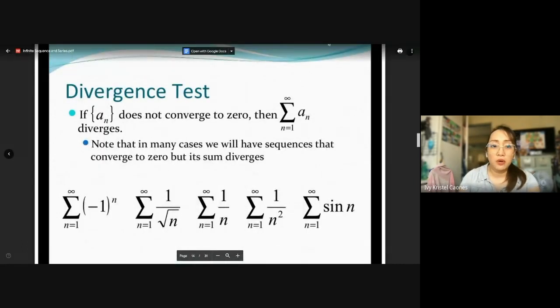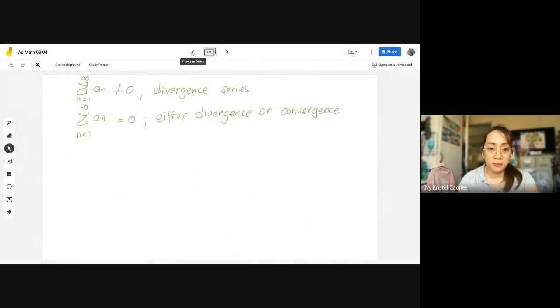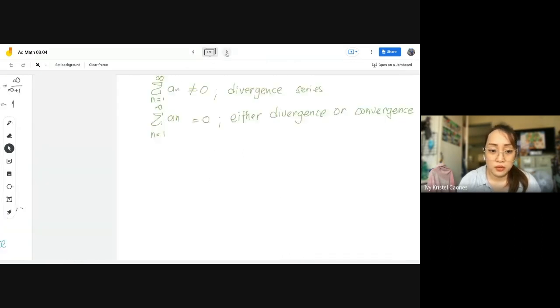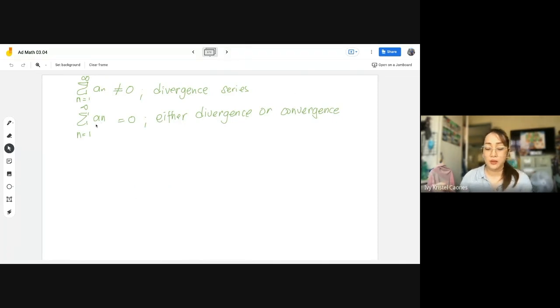So we go back to our example. Example of the limit of 2n, or yung summation of 2n. If that is the summation of 2n, n is 1 to infinity, a sub n, it will go to your S of n will be equal to infinity.